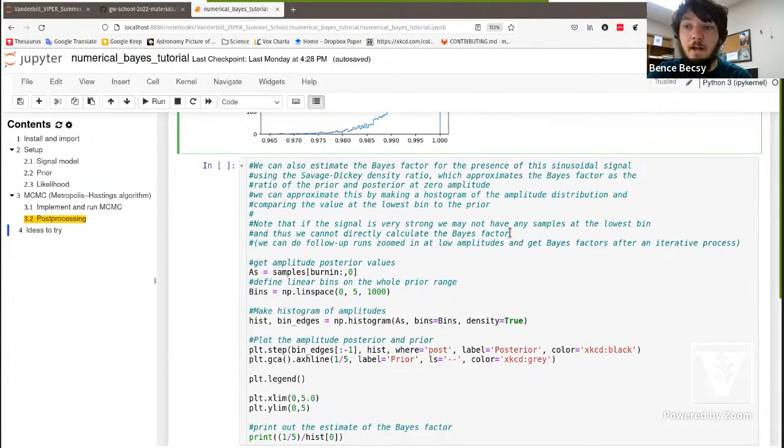There's kind of a proof of that, but it kind of makes sense, right? If you run your MCMC and you have very low support at 0 amplitude, so your sampler says that there's no chance that the signal has 0 amplitude, then that means there's strong evidence for the signal being in your data set.